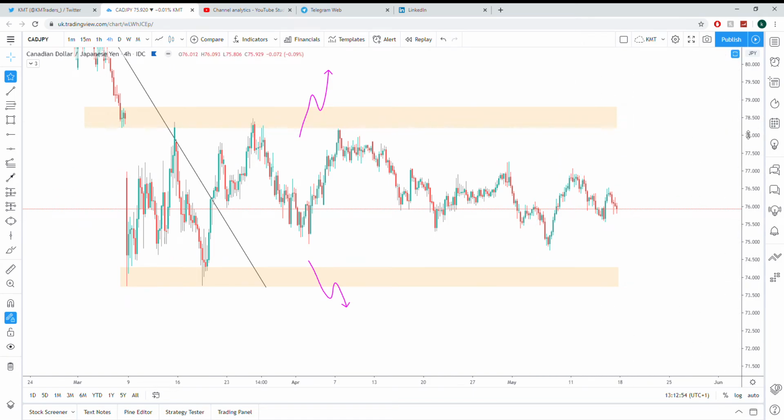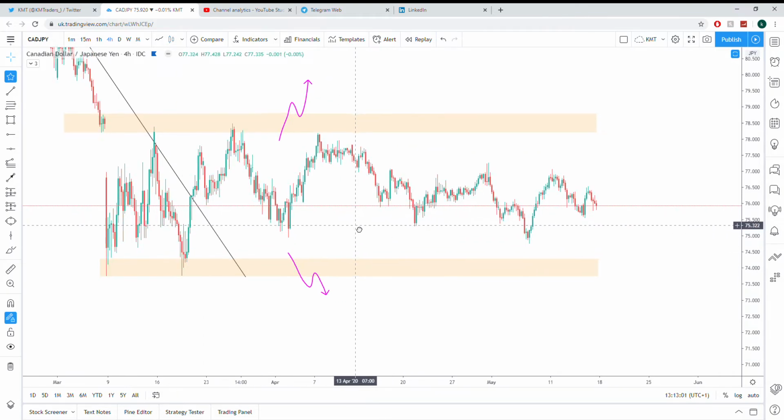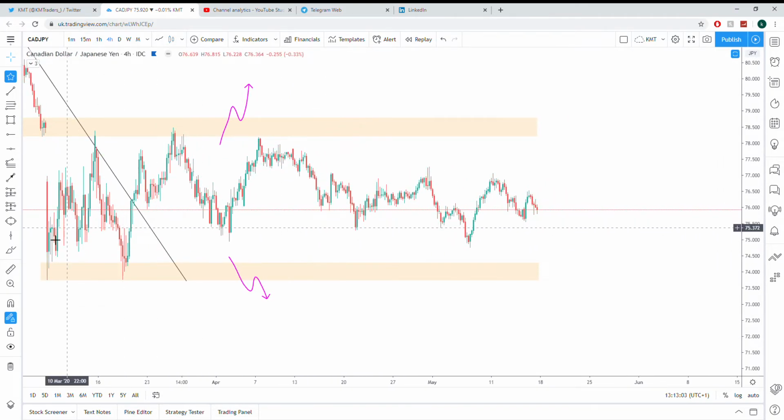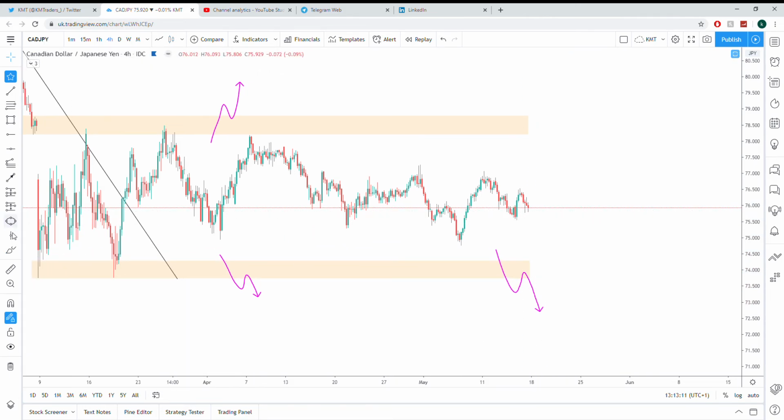So if you look exactly here, two ranges here, we're just simply looking for that breakout to either side. So if we get a break to the bottom side, wait for that pullback, and then that descent to the downside. That's all we're looking for, guys. Again, here on the upside, we're just waiting for that push, then the pullback, and then that push again. That's all we're looking for.